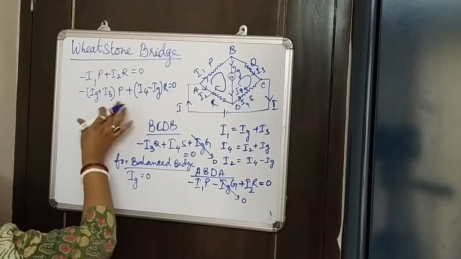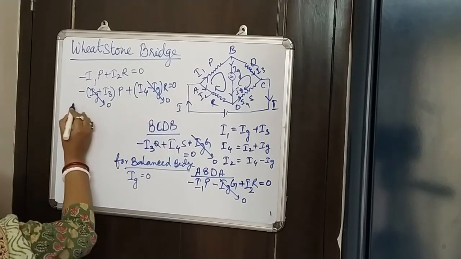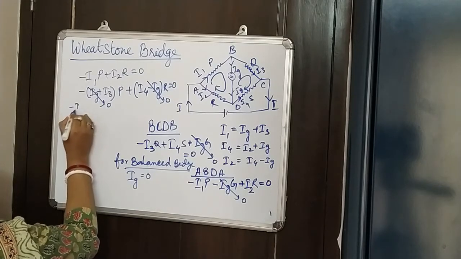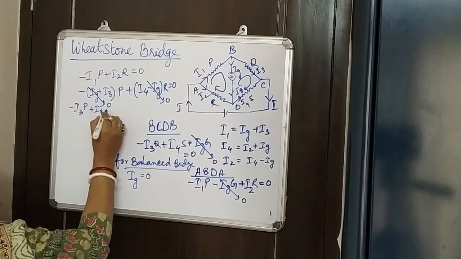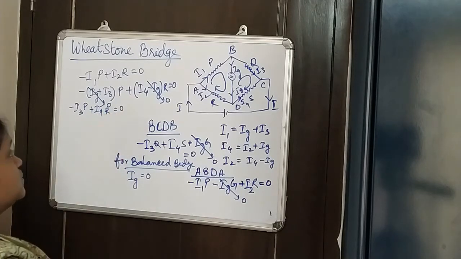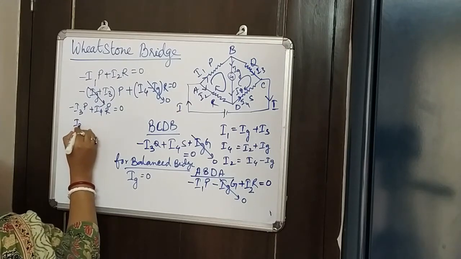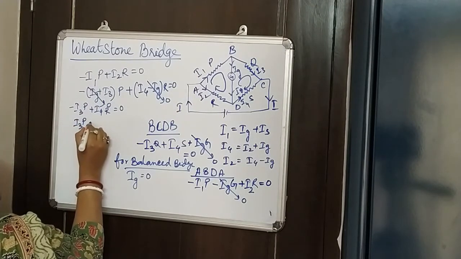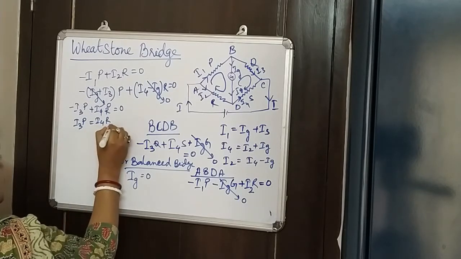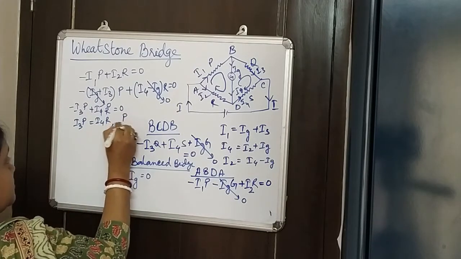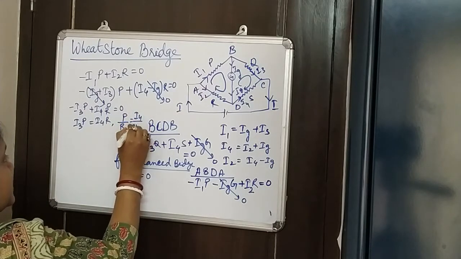Since the Igs are all 0, my equation becomes minus I3 into P plus I4 into R is equal to 0. Or I3 into P will be equal to I4 into R, or from here I can write P by R will be I4 by I3.